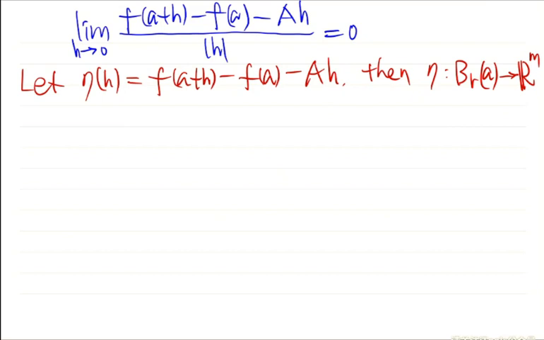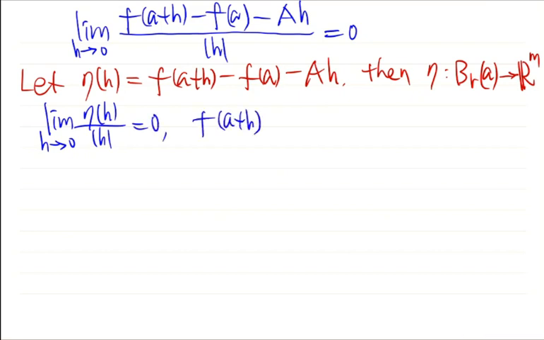And we also have this property: the limit as h goes to 0 of eta(h) divided by the norm of h is 0, and f(a+h) − f(a) is Ah plus eta(h). This is a direct consequence of the differentiability. So the eta here is determined by the matrix A and our map f. So it is not free.